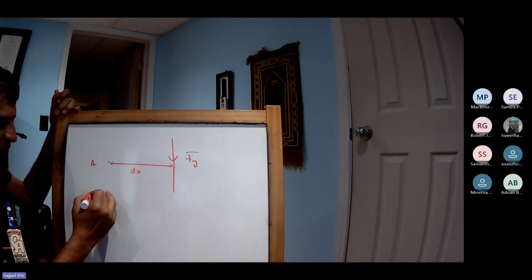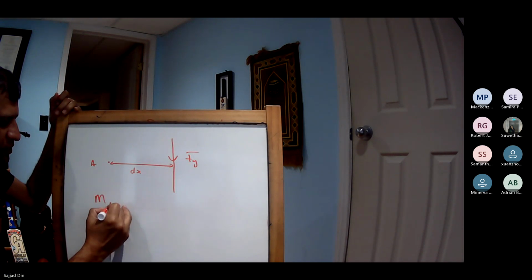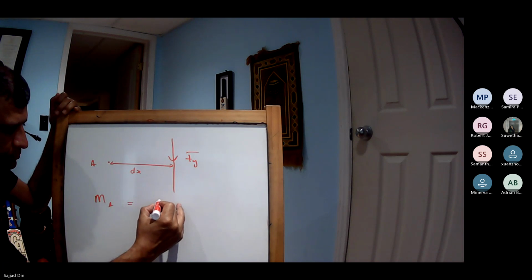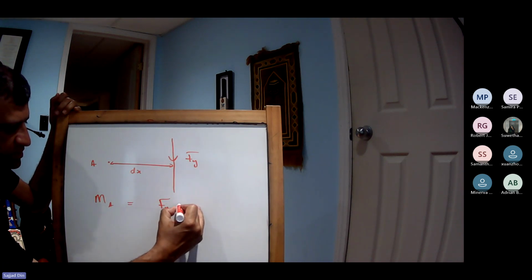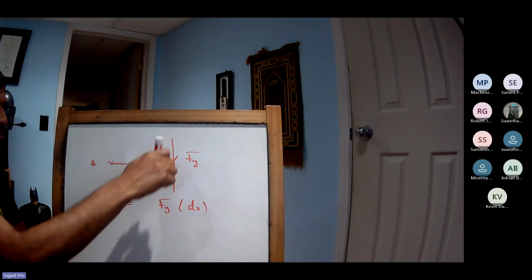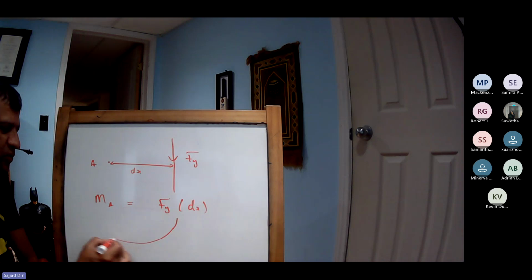So the moment around A due to Fy is Fy times dx. Why is that? Because it's the magnitude of the force multiplied by the perpendicular distance to A. But remember, the moment in this case is going to be clockwise around A. So what does that mean?